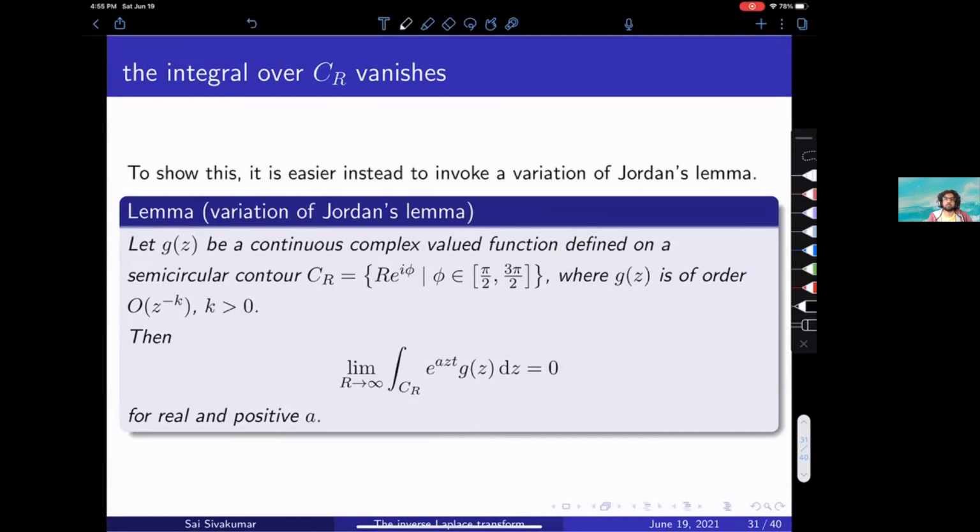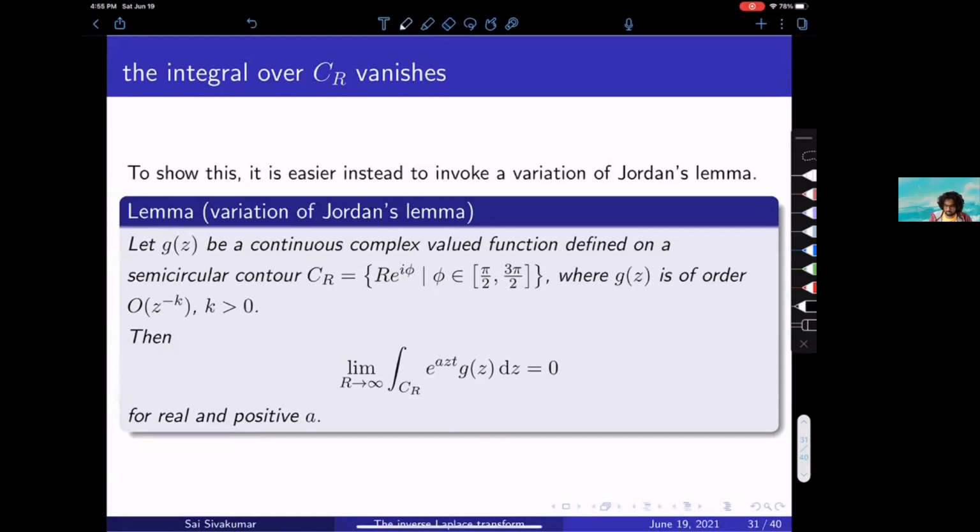You would expect that if a function is like 1 over z squared, that should probably converge nicely. But Jordan's lemma will actually make it so that if you have any f of z that behaves even worse than 1 over z squared, so maybe like 1 over z, then that integral will also go to 0, even with this factor here.